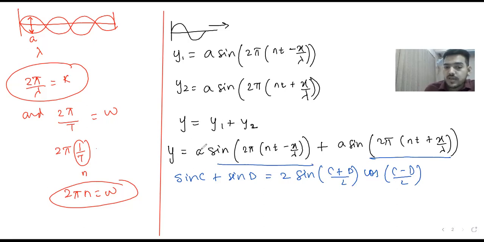Now we will take a common outside because it is there in both the terms and it is not required in the formula. So I'll just take that out and let's see how we can apply the formula. I'm applying it on the next screen, pay attention.